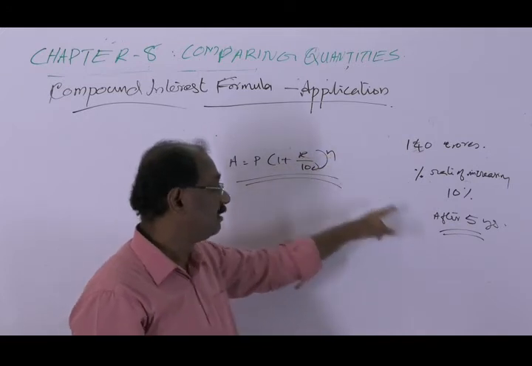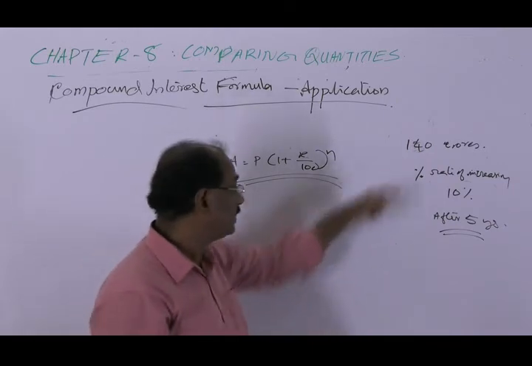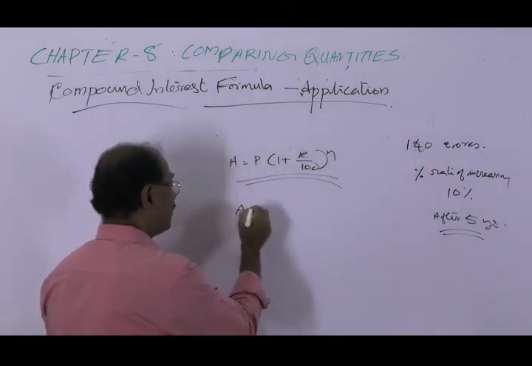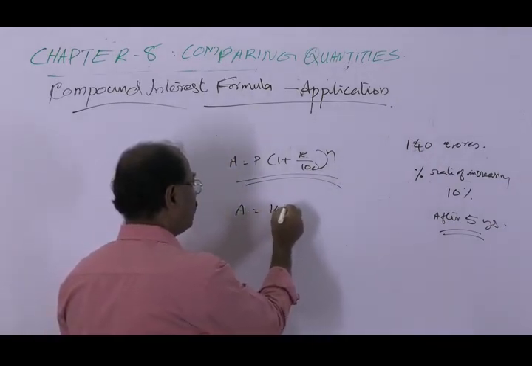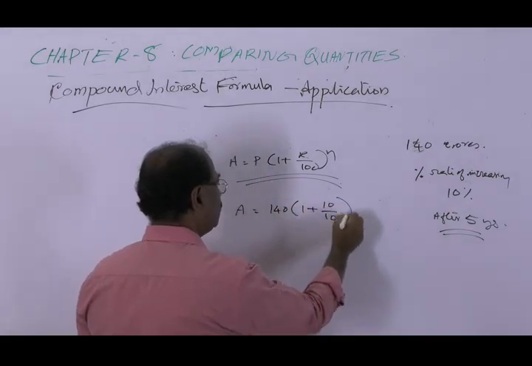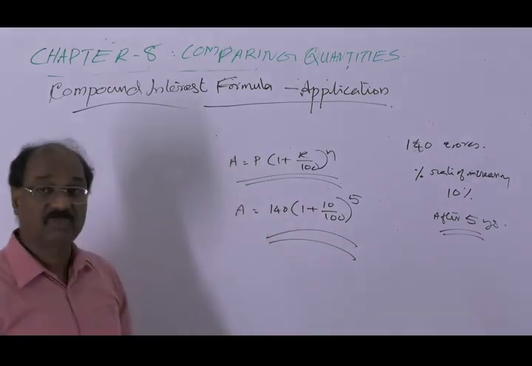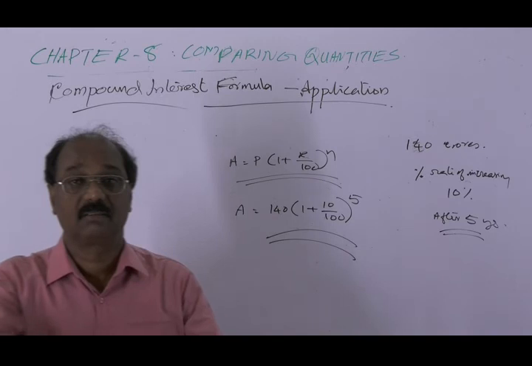The number of years is 5. So in this situation, the total population will be 140 into 1 plus 10 by 100 all raised to 5. This is the population after 5 years in crores.